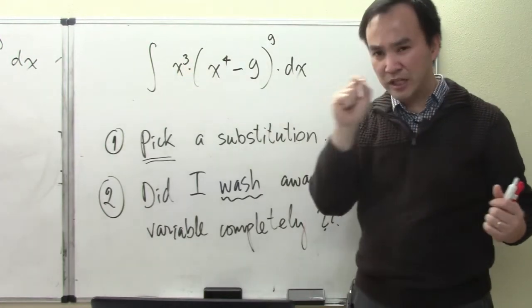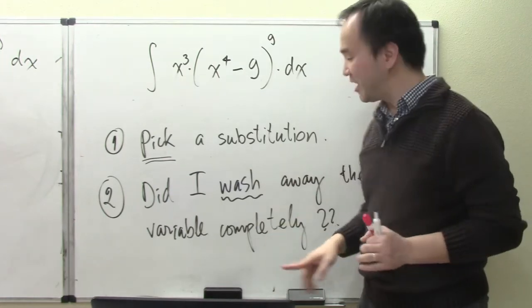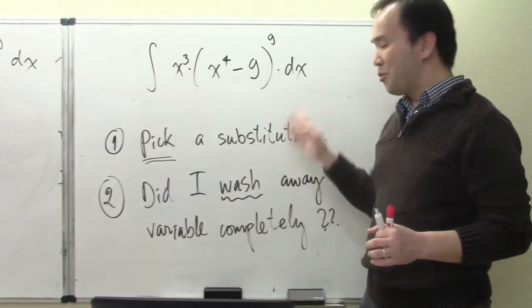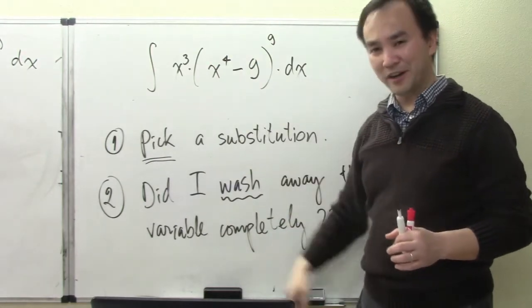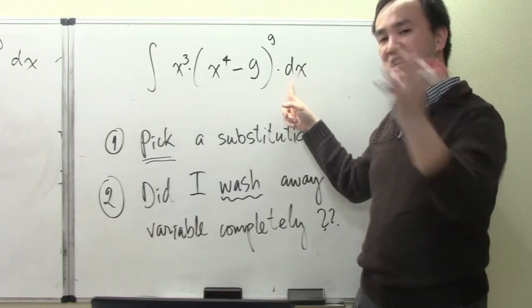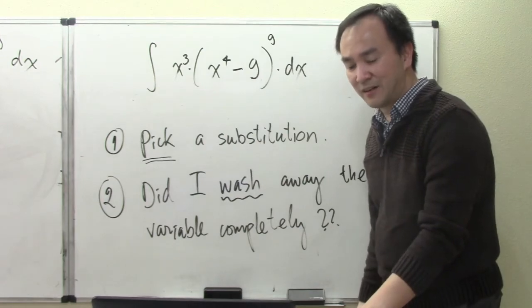Anything that remains with the old variable, you did not completely substitute yet. So you have to pick a substitution so that you can consequently completely wash away all of your old variable. Even the d expression has to become the d in terms of the new variable you have chosen. That's the idea right there.